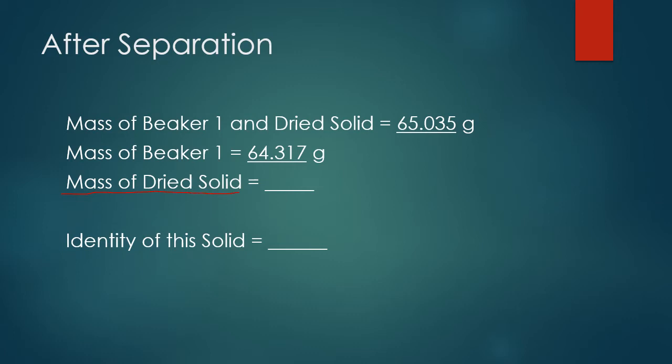So in order to do that, we need to subtract out beaker 1. So we have the mass of beaker 1 when it was clean, dry, empty that we massed before the separation process. And now all we need to do is subtract these two numbers to get the solid by itself. Once again, 3 decimal places since we're subtracting, use the correct sig figs, and label it as grams.